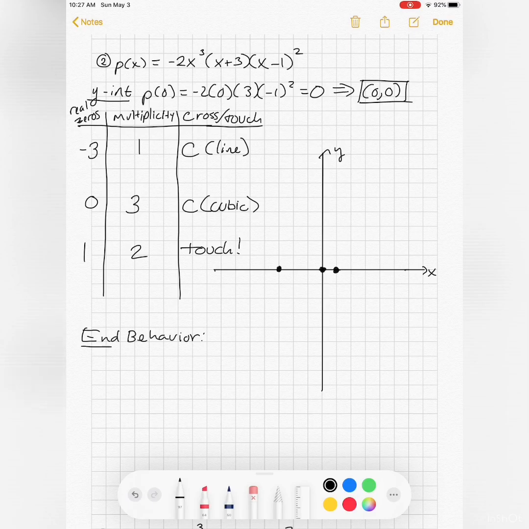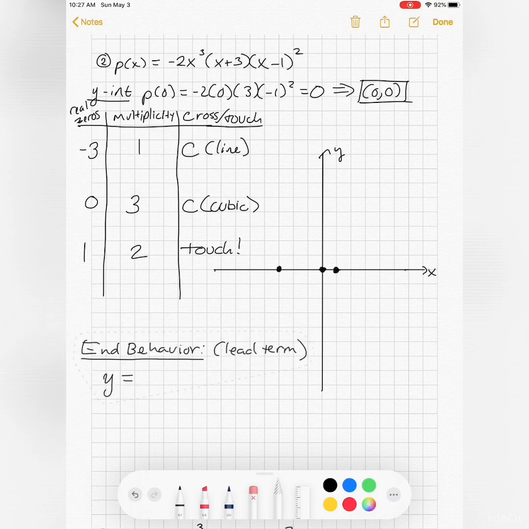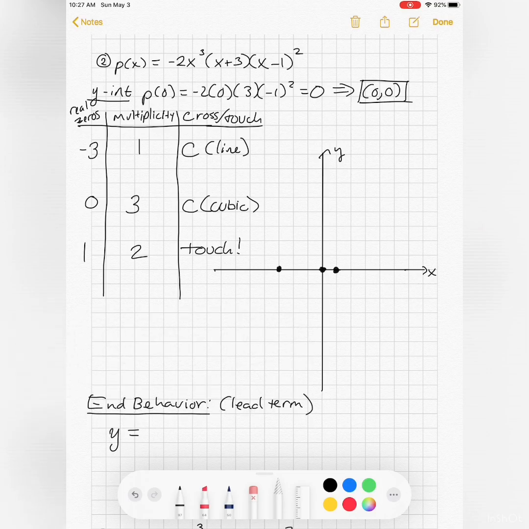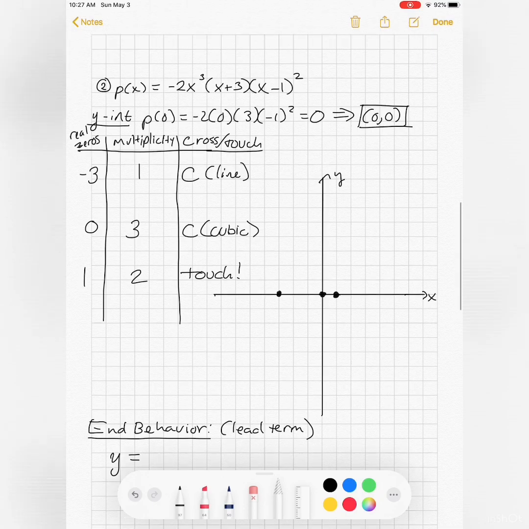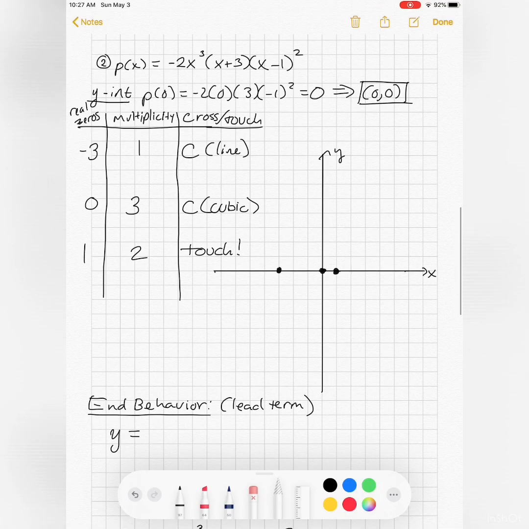Let me get the end behavior. Remember, now I'm asking what happens on the ends, so I have to look at the leading term. Be careful.